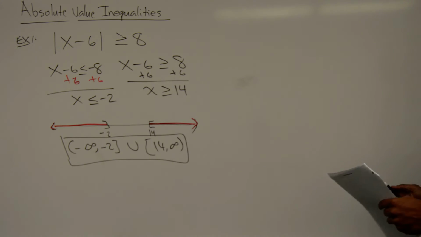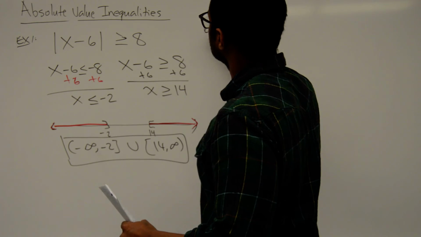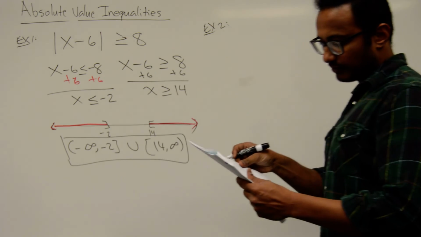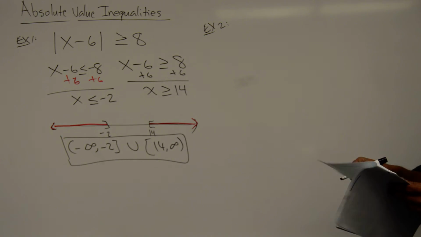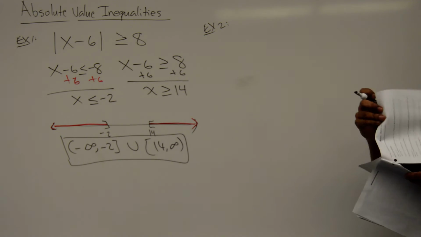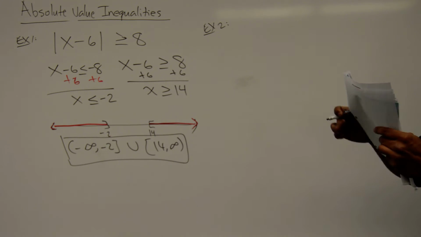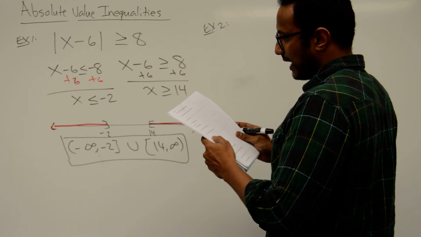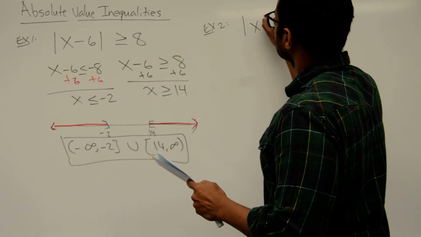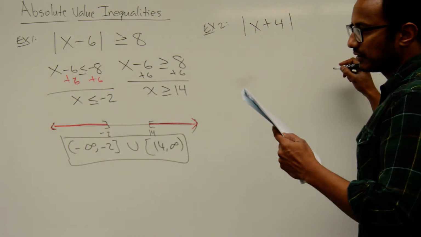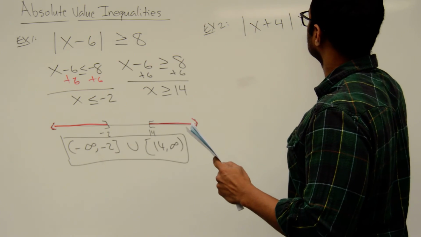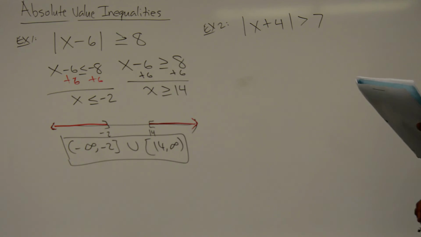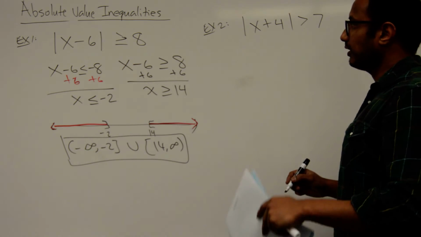Okay? Example 2. So for your next example, the problem says we have the absolute value of x plus 4 greater than 7. So step 0, isolate the inequality.